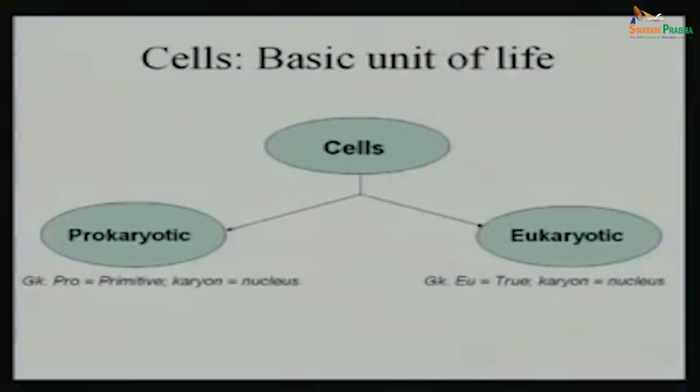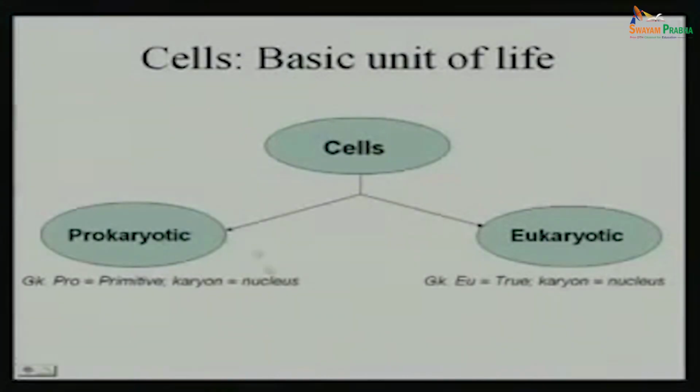Now, in my earlier class, I have already mentioned the cell, and I have also told you that the cell is the basic unit of life. Based on the cellular organization, all cells can be divided into two major categories.